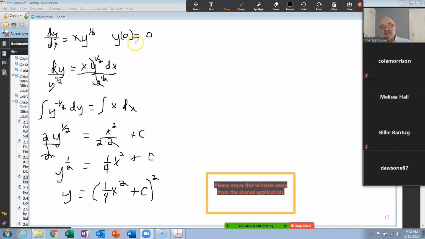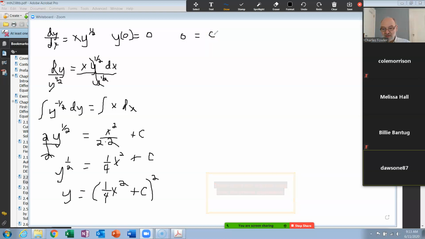Now we plug in this somewhat invalid initial condition. Plug in a 0 for x and put a 0 for y at the same time. So that would be 0, that's your y, is equal to c squared, basically.